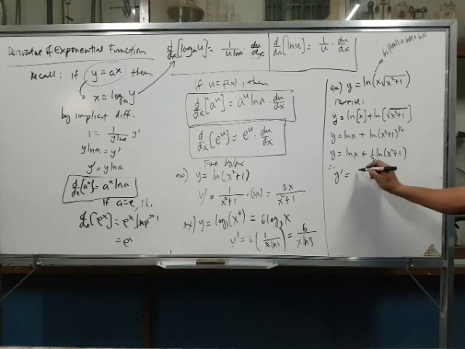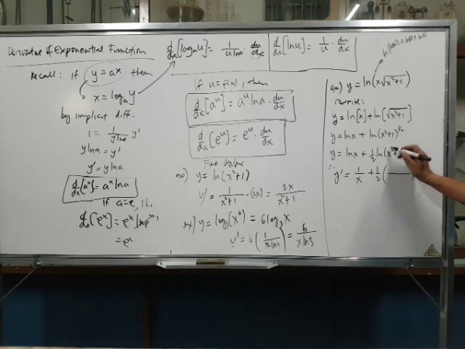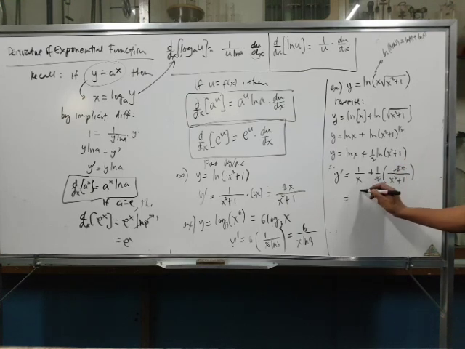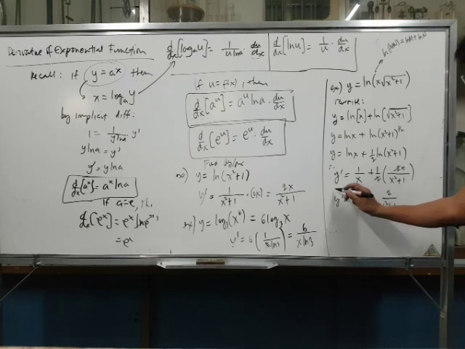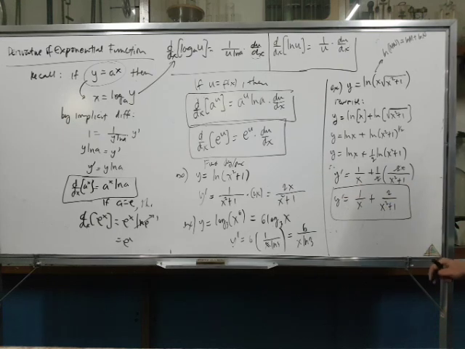So the derivative of ln x is 1 over x plus 1/2. Now the derivative of x squared will be placed in the numerator, 2x, and just copy x squared plus 1. 2 over 2 cancels out, so the answer is 1 over x plus x over x squared plus 1.